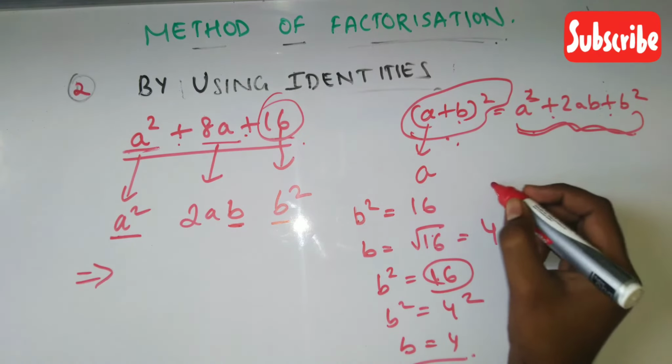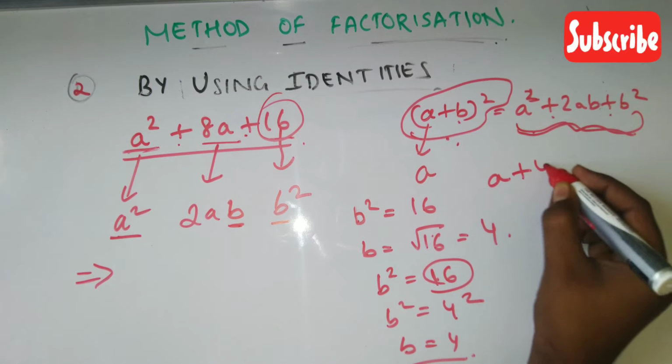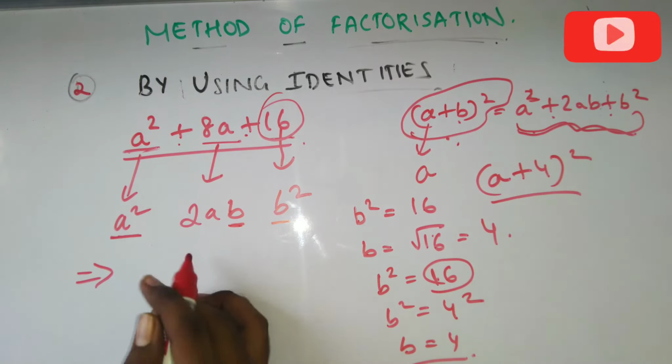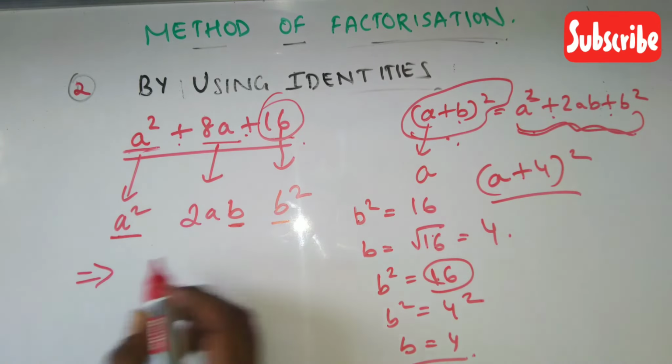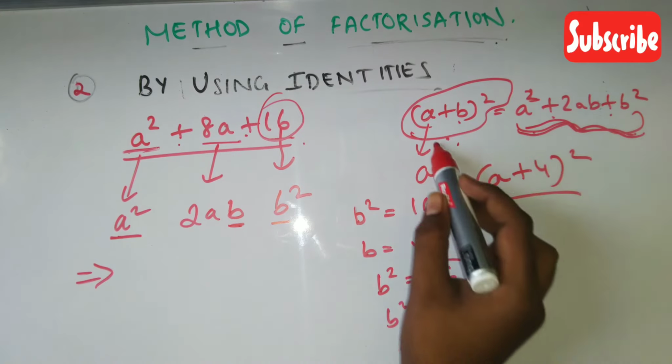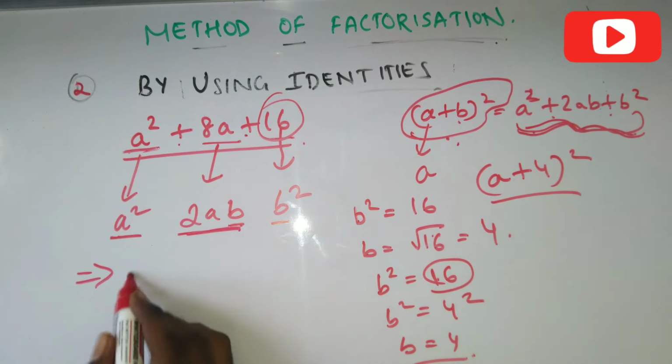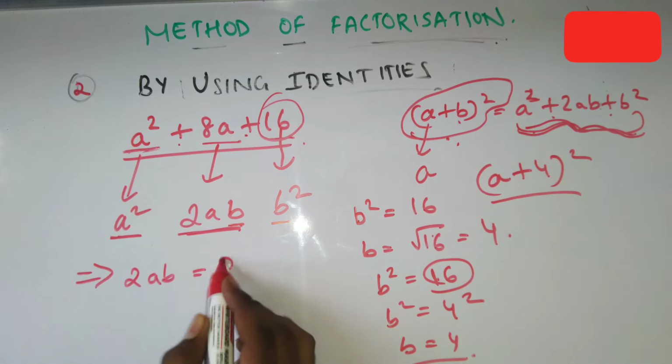So I can write it as (a plus 4) the whole square. But in order to write in the exam, you have to do some steps. Write 2ab is equal to 8a.